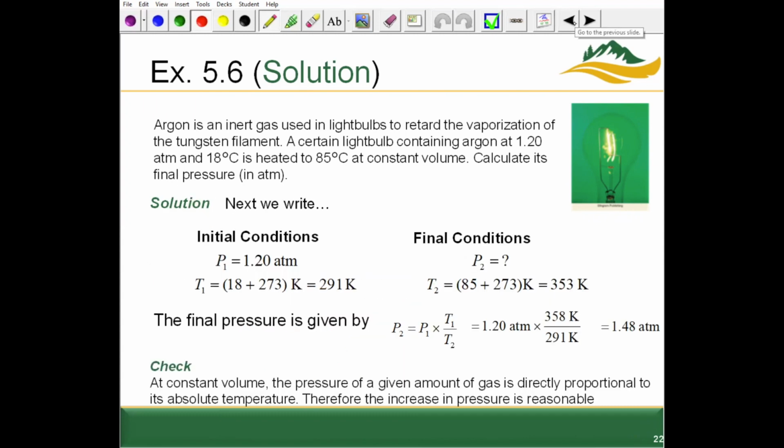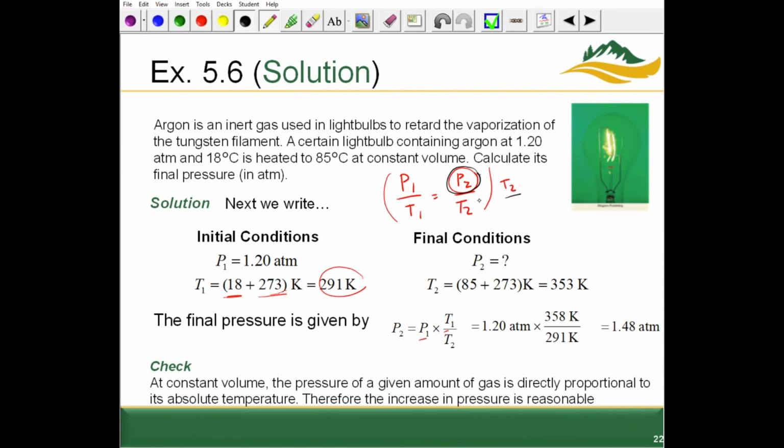Because we always want to work in Kelvin, to convert 18 degrees Celsius into Kelvin, add 273 or 273.15. That becomes our temperature 1. So P1 over T1 is equal to P2 over T2. To isolate P2, we want to multiply both sides by T2. Now I'm noticing this typo.